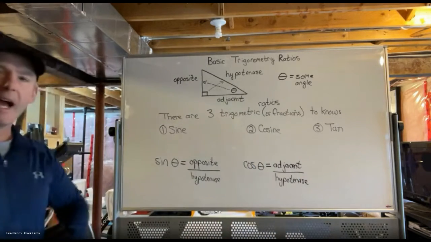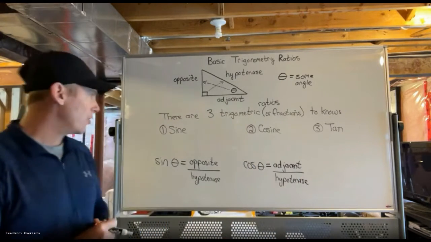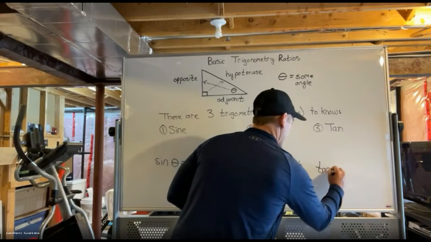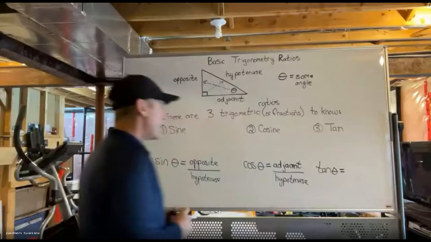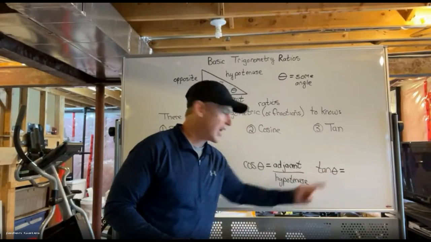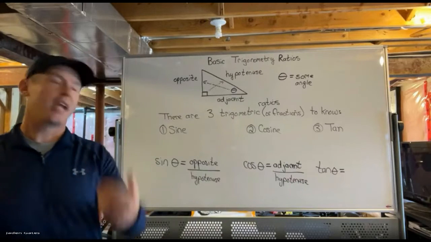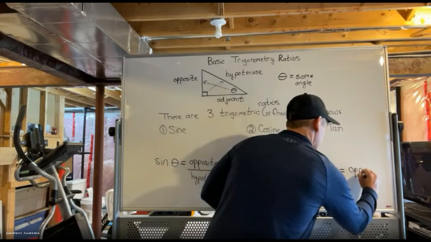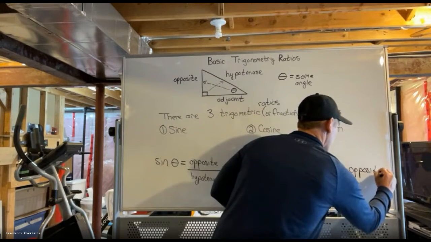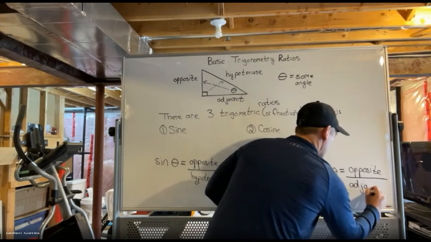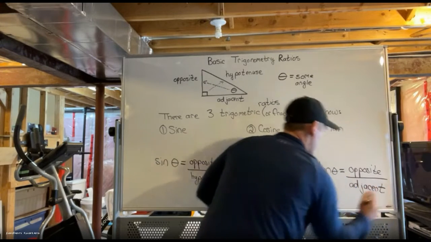All right, and then the last one is our tan ratio. So we go tan theta because the theta tells you which angle you're looking from, and the tan tells you which ratio. And the tan ratio is the opposite side divided by the adjacent.